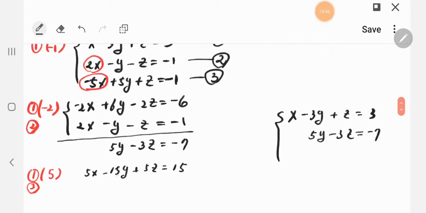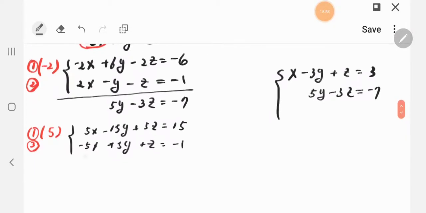And then the third equation is unchanged: plus 5y plus z is equal to negative 1. And then add these two, then the result will be substituted for the third equation. Cancel out, so there's negative 10y plus 6z is equal to 14.